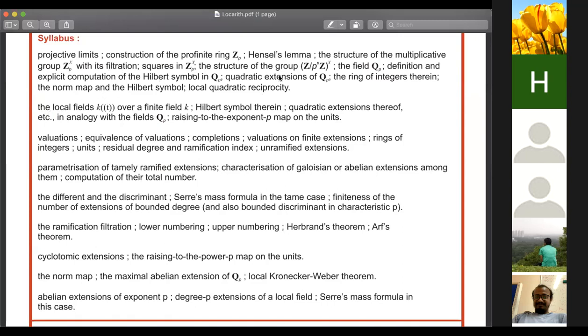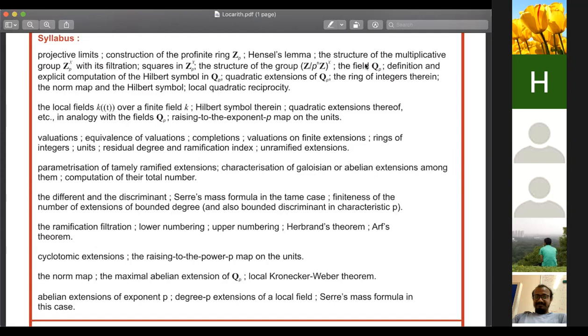Then we will study these fields Q_p for quite a few lectures. Next, there happens to be another family of fields which are very similar in their arithmetic properties to these fields Q_p. These are the fields K((T)), Laurent series in T, where K is a finite field. The Q_p are called local fields, and so are these ones.